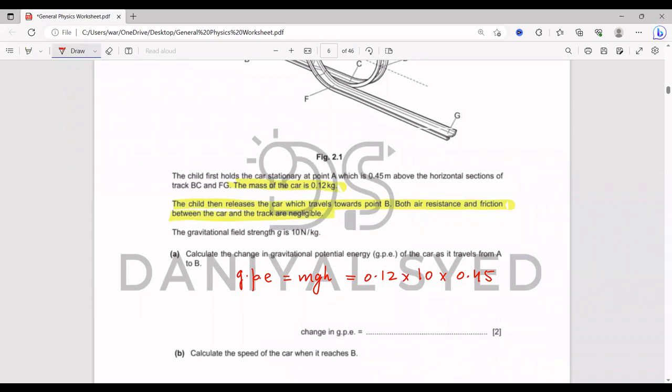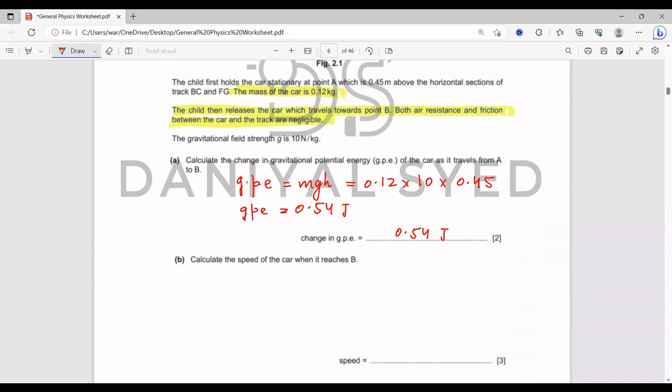So what is the answer? The final answer will be 0.12 times 10 times 0.45. The final answer is 0.54 joules.